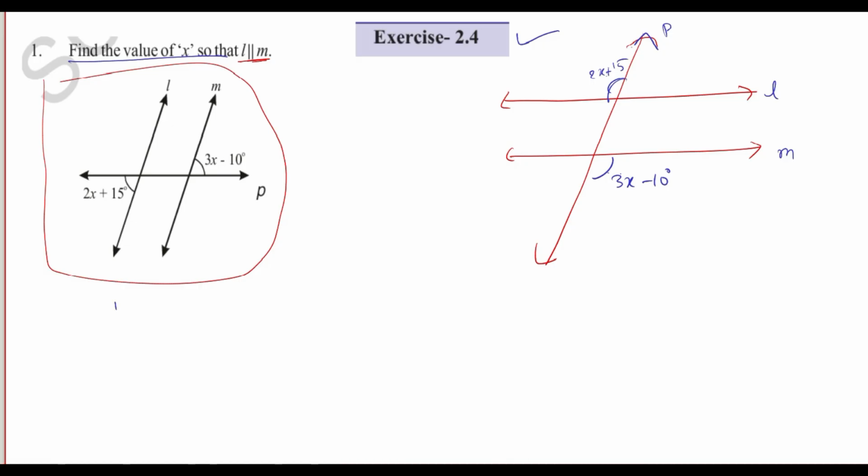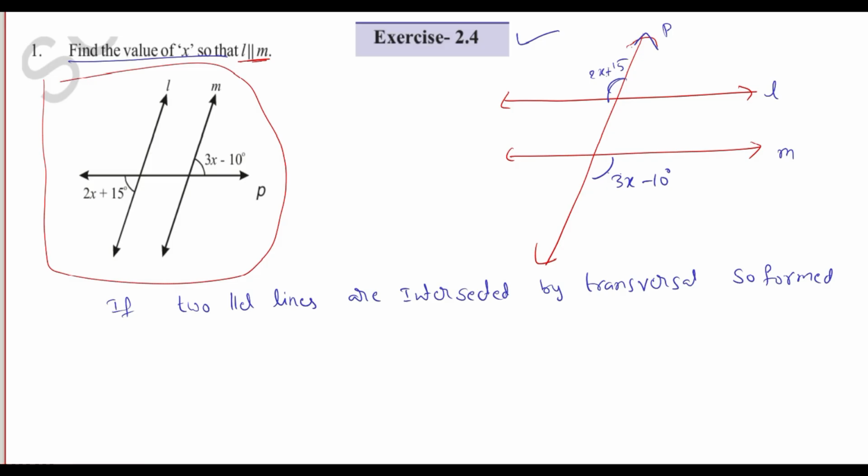Let me write that. If two parallel lines are intersected by a transversal, the alternate exterior angles so formed are equal.